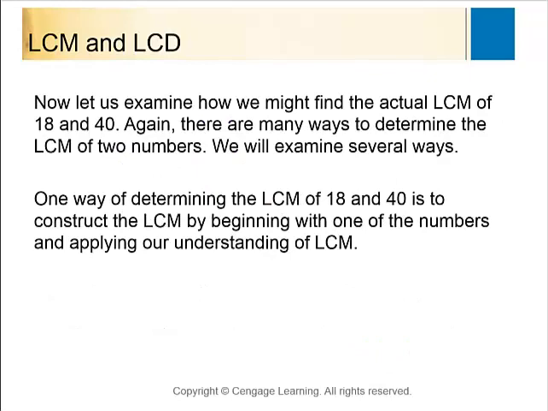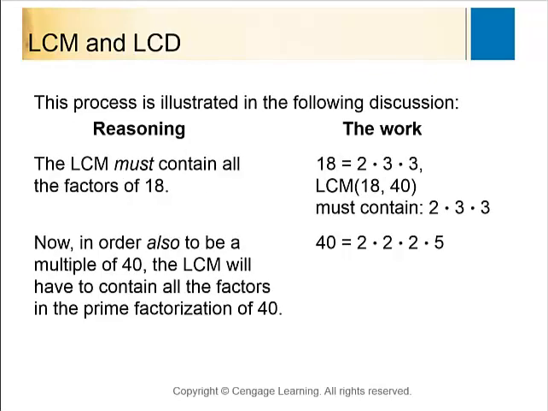Now if I wanted the least common multiple of 18 and 40, I could do that same thing again. I could just start listing out the multiples and then find the smallest one that they had in common. Another way to do that would be to look at the factors of each. I know that my least common multiple must contain at least all of these.